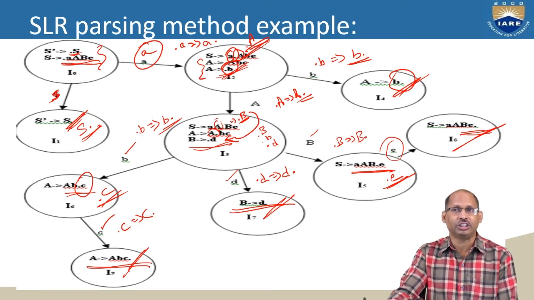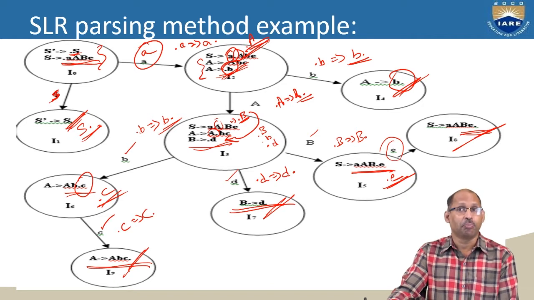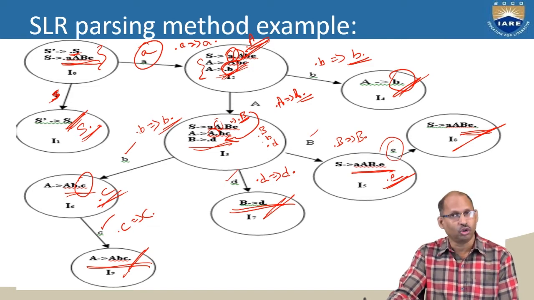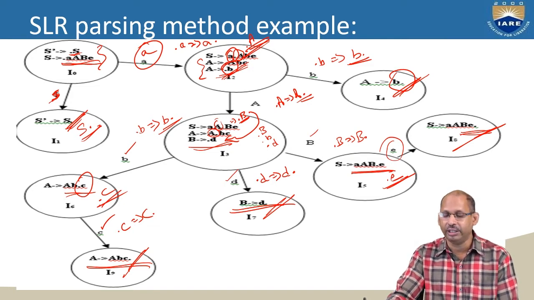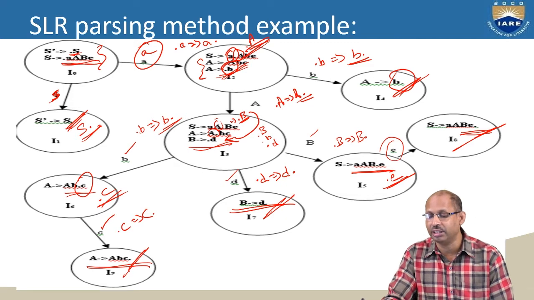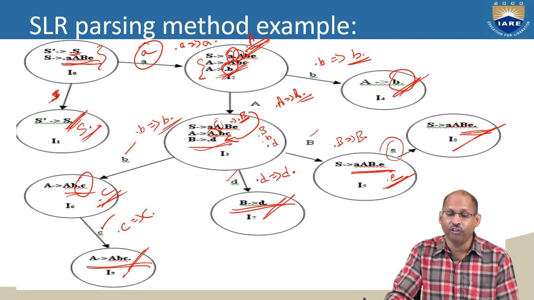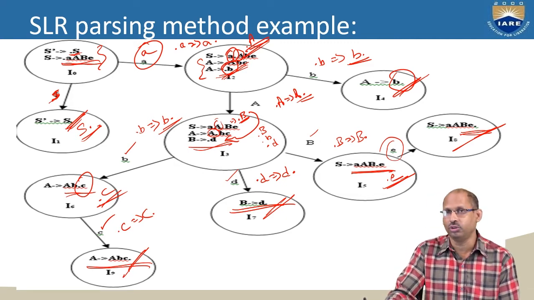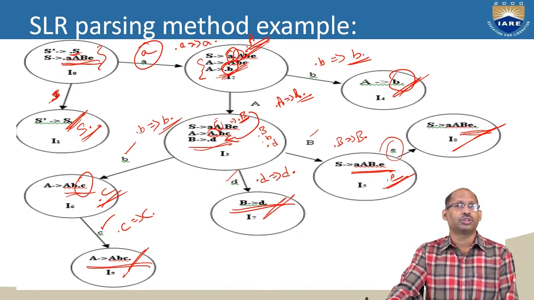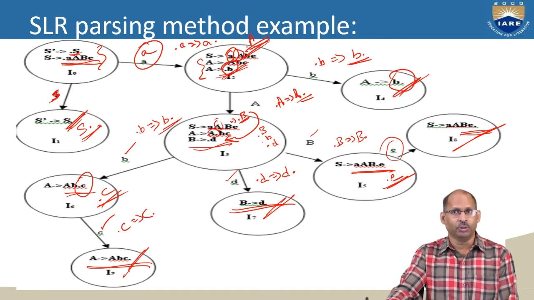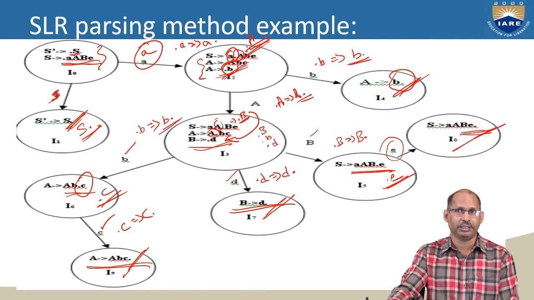So we simply stop because all the groups have the dot at the end. The groups I9, I7, I5, I8, I4, I2 all have the dot at the end. So there are no more go-to operations and no more closure operations.